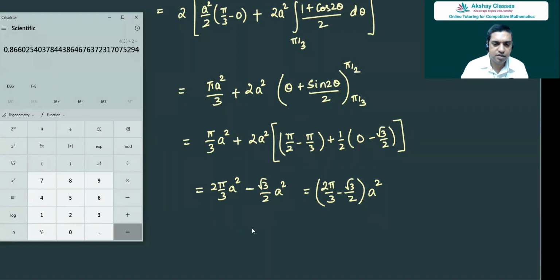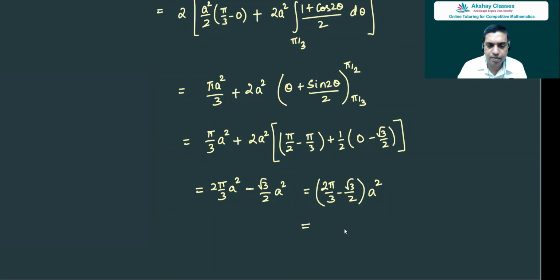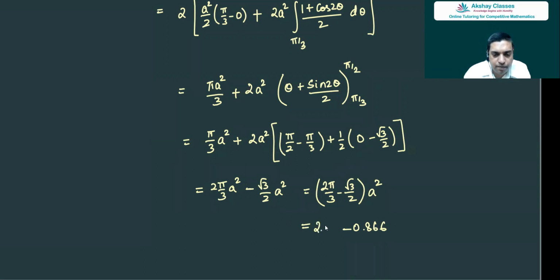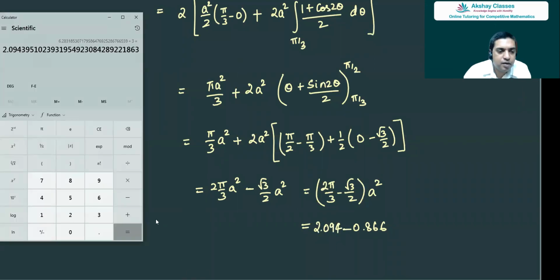So 0.866 is root 3 by 2, and let's see 2 pi by 3, what will that be? 2 into pi divided by 3 is 2.094 minus 0.866.